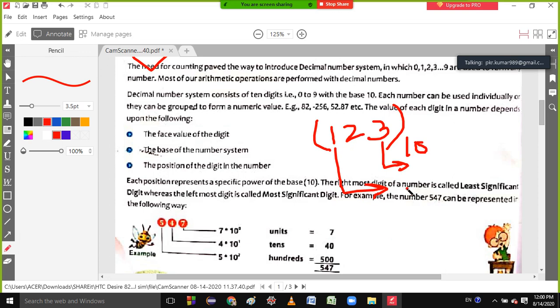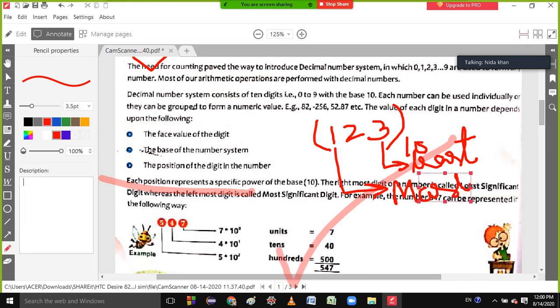The rightmost number is called the least significant digit. That means this 3 is called the least significant digit. Is it clear? And the left one is called the most significant digit. Why? Because students, you know, who is writing on the screen? Who is writing?